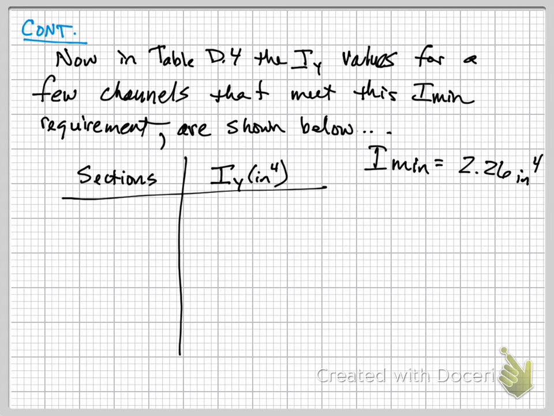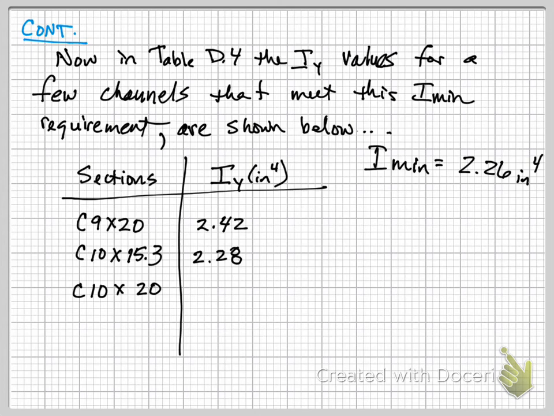So I look through the table and I can see a C9 by 20, and that has an IY of 2.42 inches to the 4th, and a C10 by 15.3 that has 2.28 for an IY value, and I see also a C10 by 20, and that has 2.81.